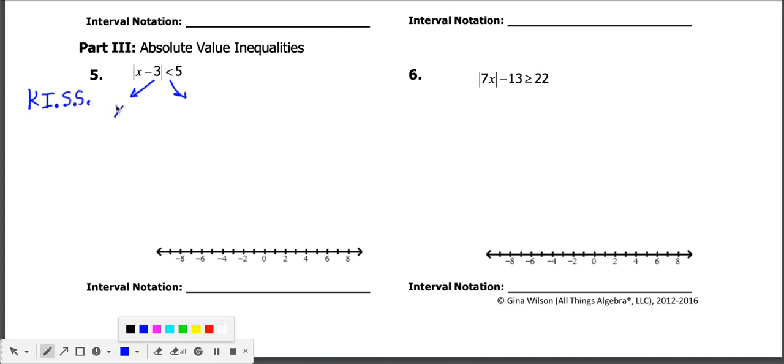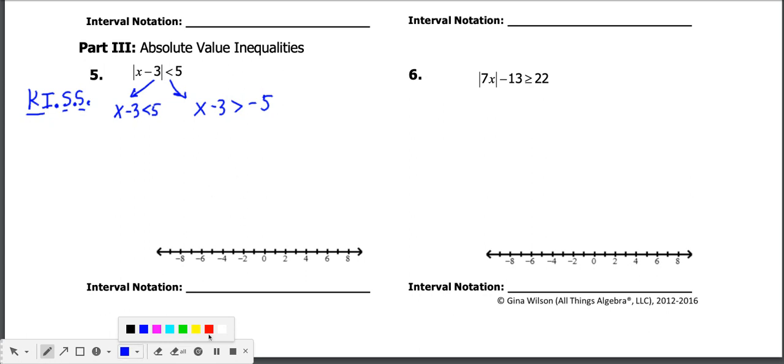Okay, so we go x minus 3 is less than 5. Keep it the same. That's the first part of this. Okay, then switch means when you rewrite it the second time, you're going to rewrite the first and switch the inequality, make it face the other way, and switch the 5 to a negative 5. That's the 2 things that we have to do there.